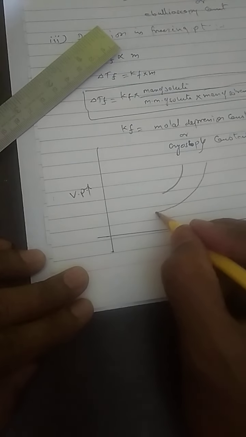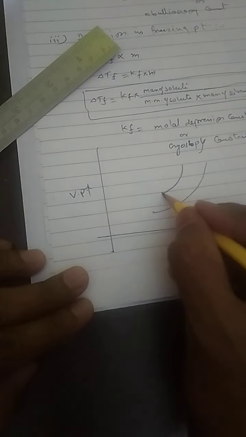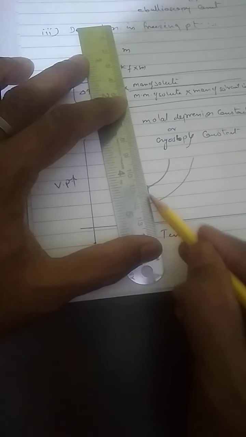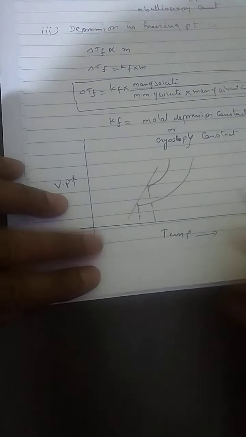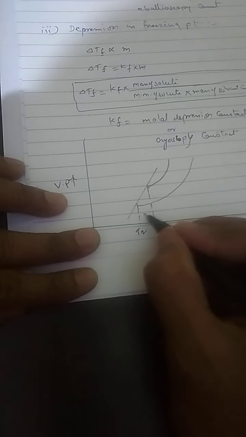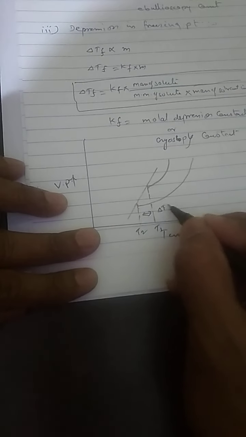So according to this, if we expand this point and this point and draw, we see the change in temperature, because of that is the freezing point. So this temperature, say T1, this is T2, and the difference is delta TF.